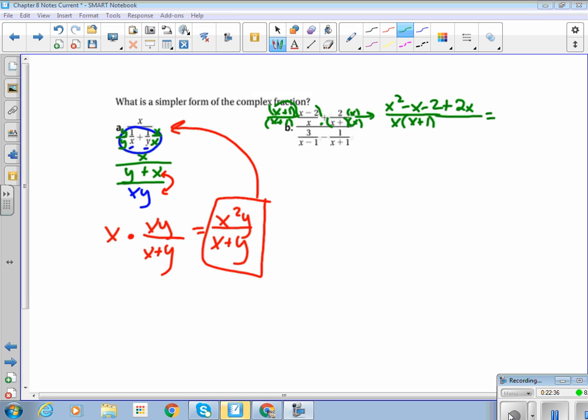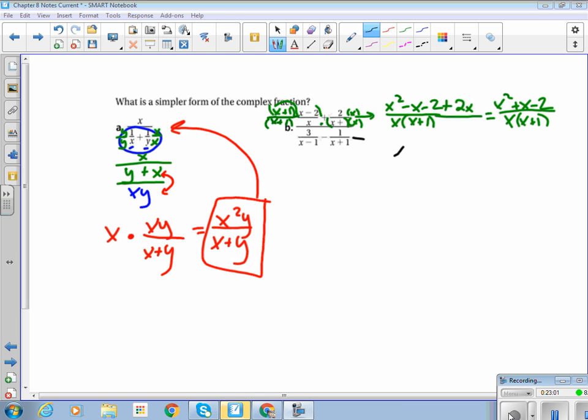Then we're going to combine our like terms. We got x squared. We got negative x plus 2x is 1x, minus 2.